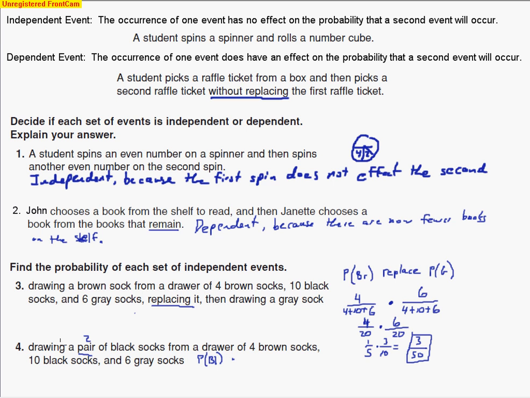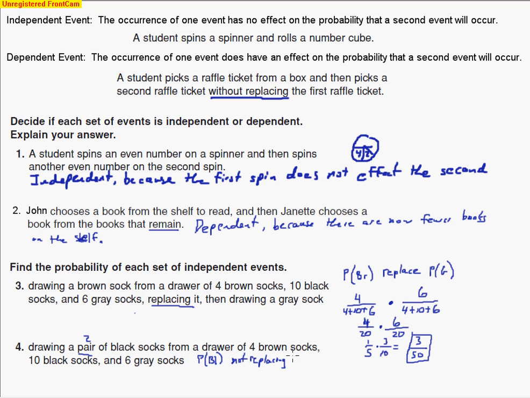Now, I know this says independent events, but let's pretend we're going to make this one a dependent event. Let's say we do not replace. So I'm going to draw 1 black sock. Now I'm not going to replace that black sock, and then I'm going to draw another black sock.